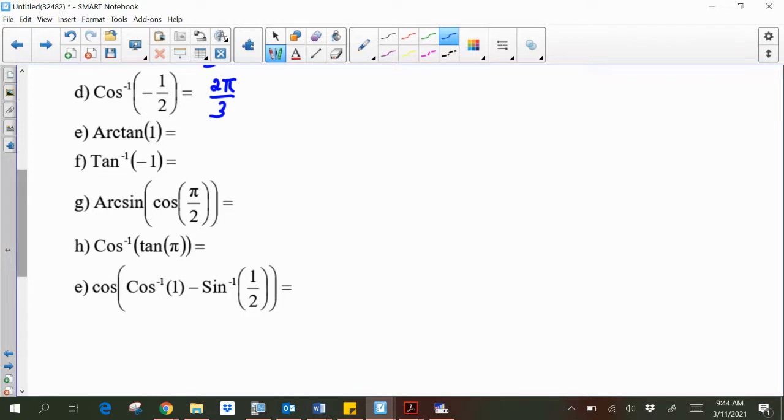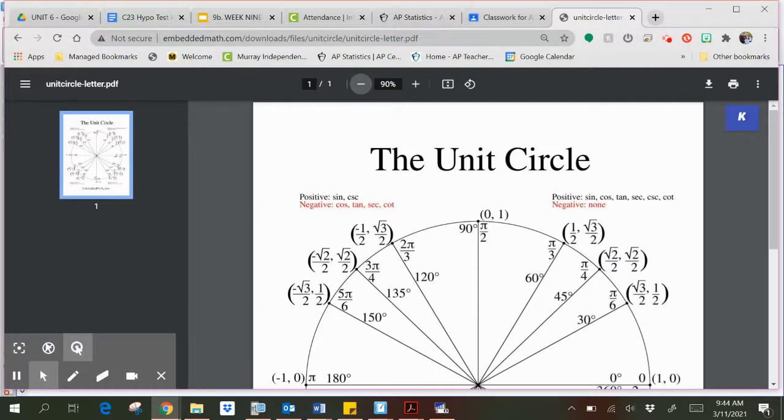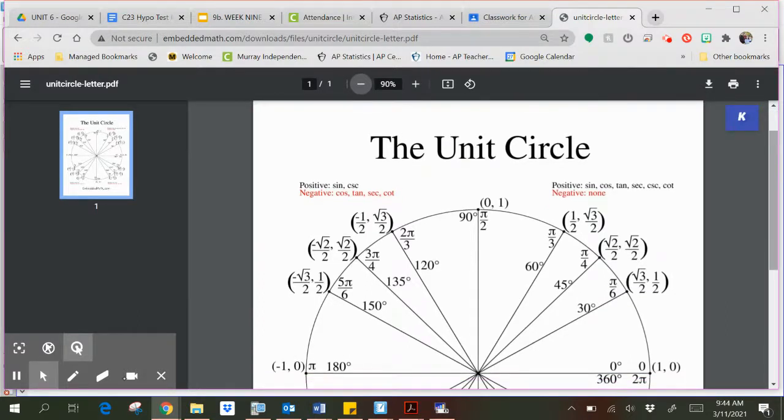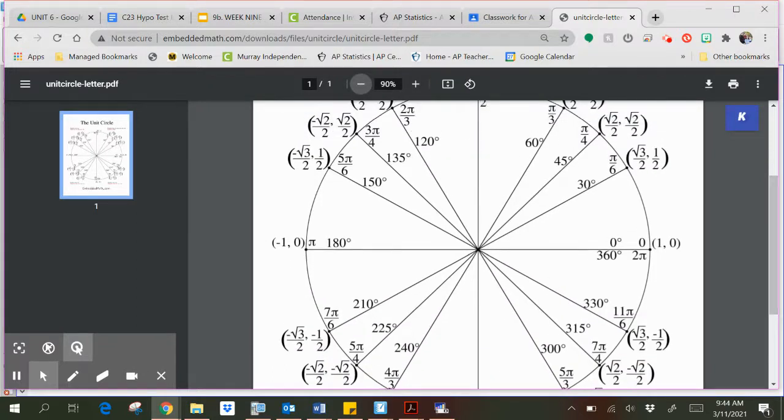All right. Arc tangent of 1. Well, tangent, remember, takes a little bit extra effort. We have to divide x and y. But I gave you easy ones, 1 and negative 1. That's where something's divided by itself. So where is arc tangent 1? Pi over 4, right? Because you'd have y divided by x, and that'd be 1.